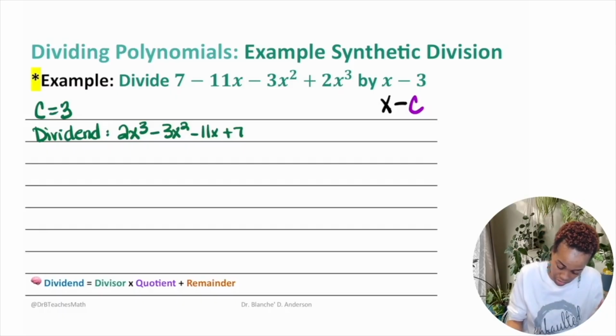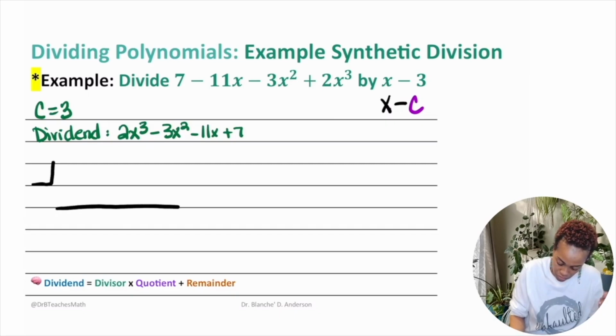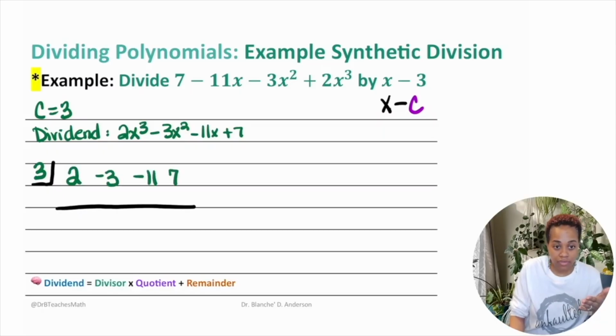And now I'm going to put it here. We said our c was 3. I'm going to write the coefficients. So I have 2, then I have -3, then I have -11, and then I have 7. Okay, 2, -3, -11, and 7. And remember, everybody gets added. If it helps, I can put a plus symbol here. Everybody gets added. So let's get started.